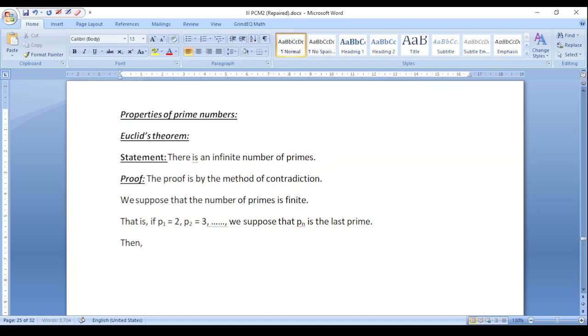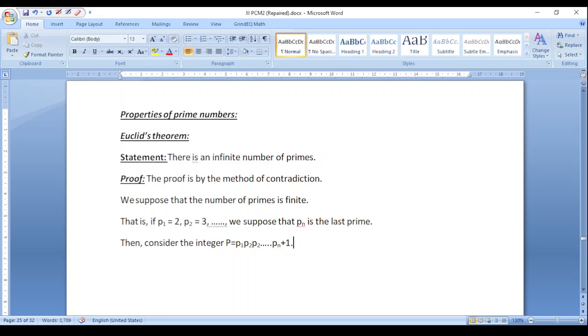Then what we do is we consider the integer capital P, which is defined as P1 times P2 times P3 and so on times Pn plus 1, right?